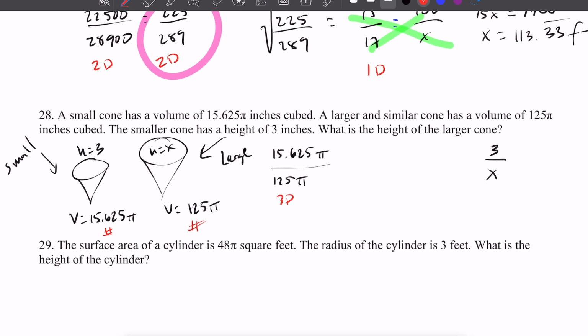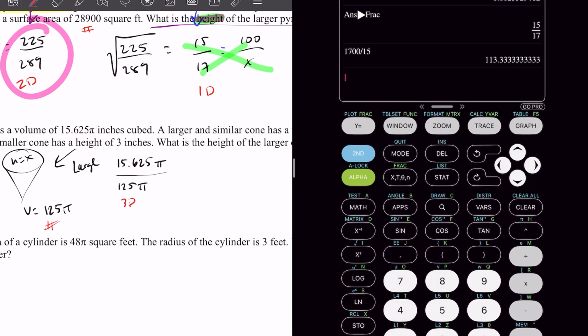So now let's use my calculator. We know that the pi's do cancel, so I don't need them anymore. So 15.625 divided by 125. Math, enter. That's 1 over 8.